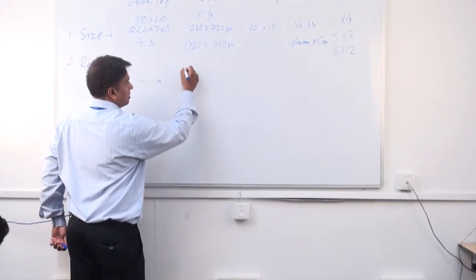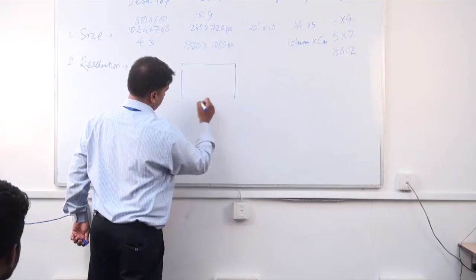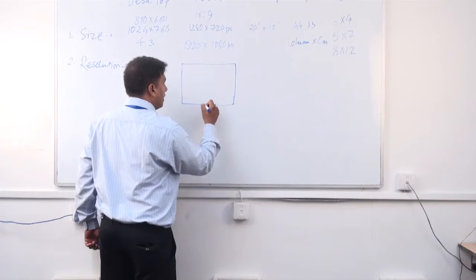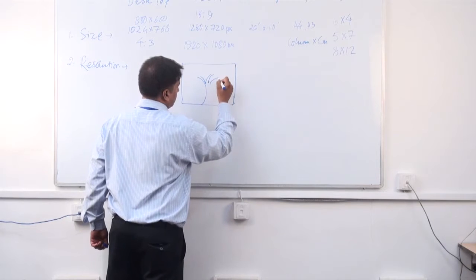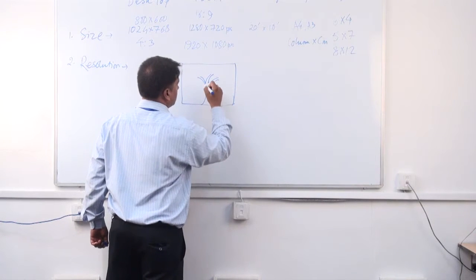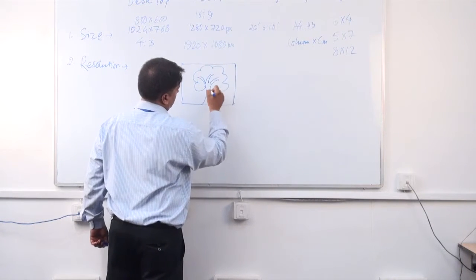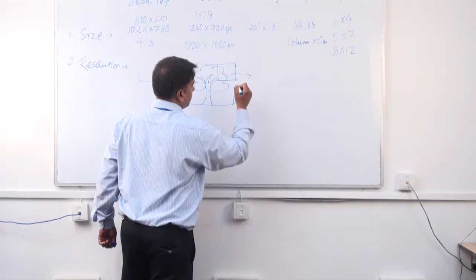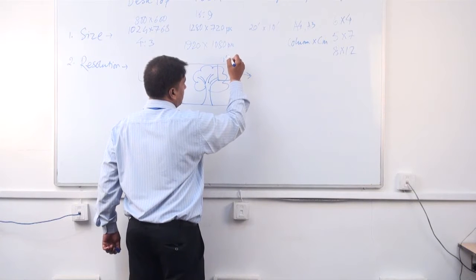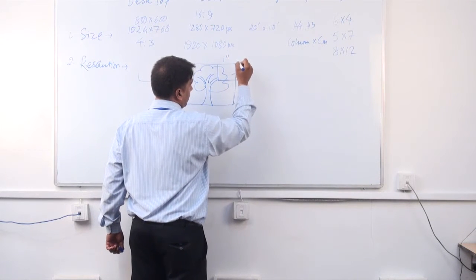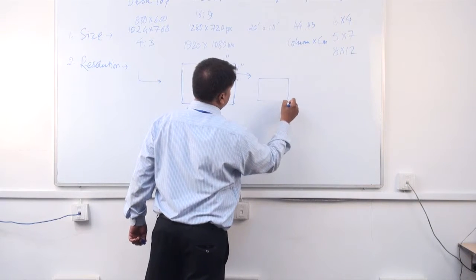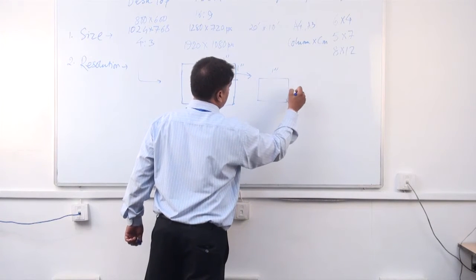If we have a photograph, let us take a photograph. This is a photograph. We have a graphics in it, like this. Now I take a section of this photograph, and its dimension will be 1 inch by 1 inch.